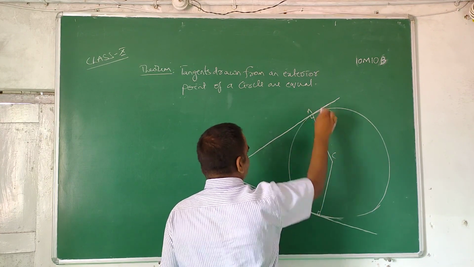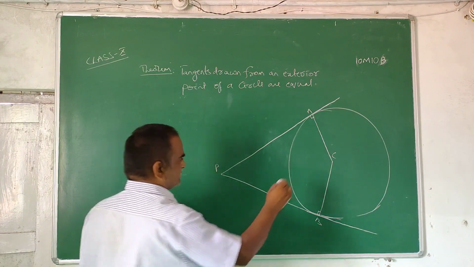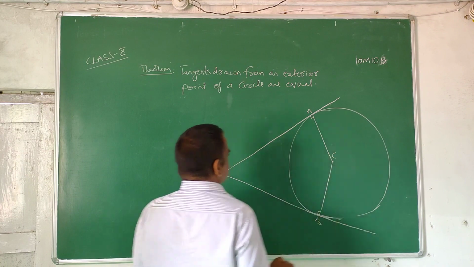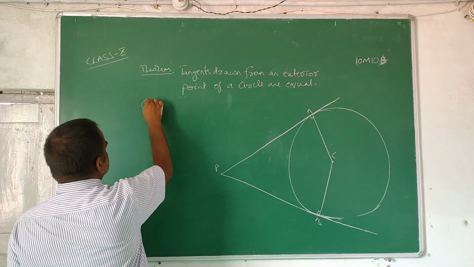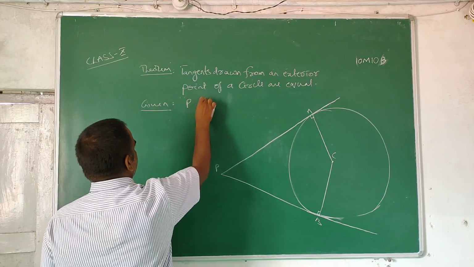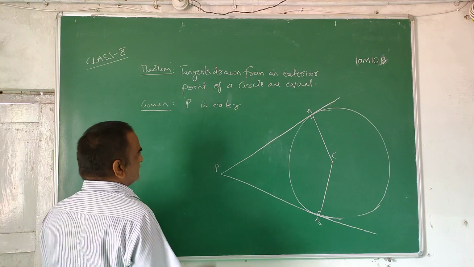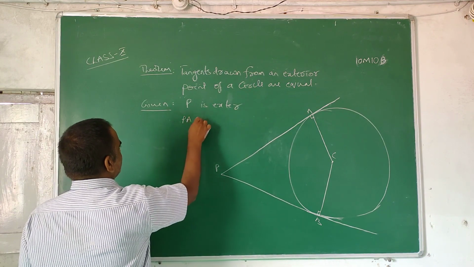So, say A, B, P. Okay, this is the center C. So, what is given? P is an exterior point of the circle. PA, PB are tangents.